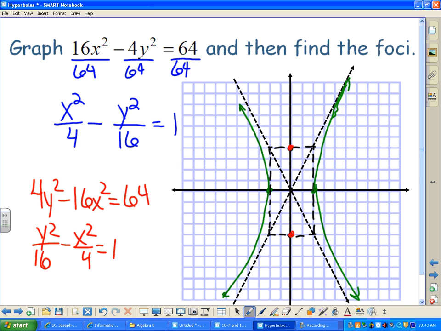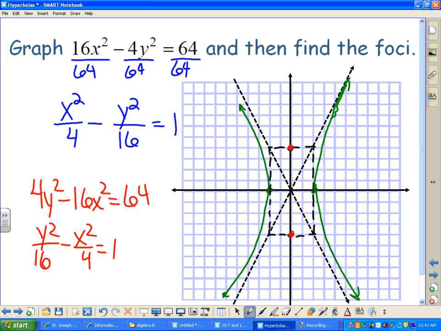So do you see how that rectangle can help dictate whether it's wide or narrow? Yeah, you see that? Okay. So basically, if the y term is first, the hyperbola goes up and down, and if the x term is first, it goes sideways. Yes, if you put it in that order, so that the y squared term is first and also positive.